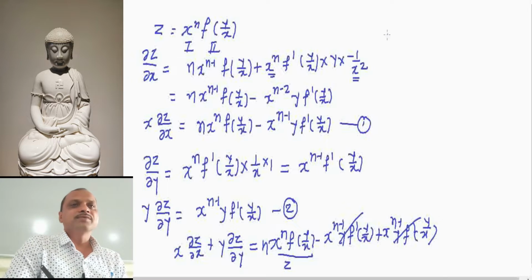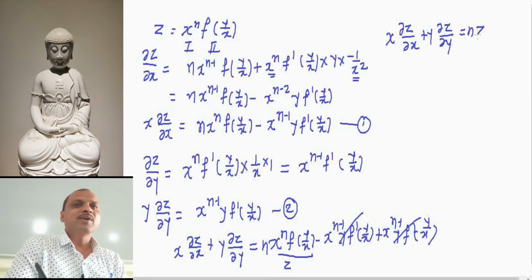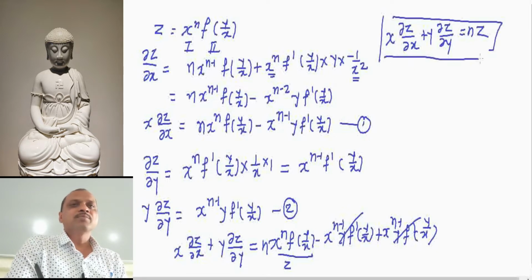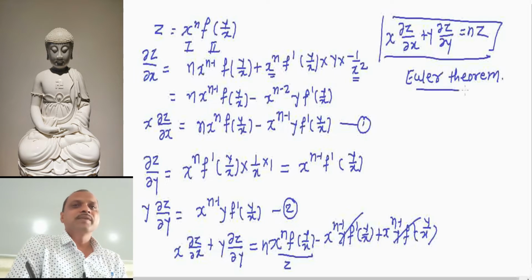So friend, we get a beautiful result, that is x into del z by del x plus y into del z by del y equal to n into z. So this simple result is known as Euler's theorem, Euler's theorem of homogeneous functions.